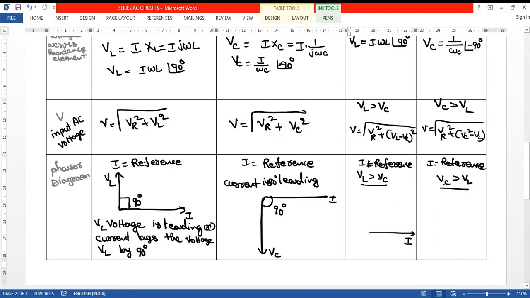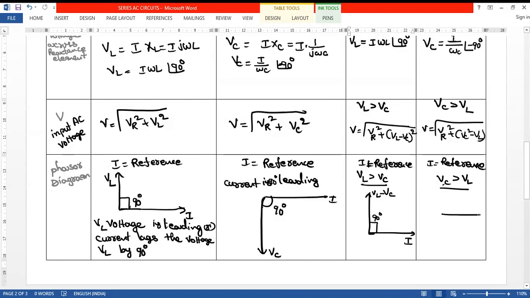If VL is greater than VC, the vector becomes VL minus VC, and there is a 90 degrees phase difference between these two.